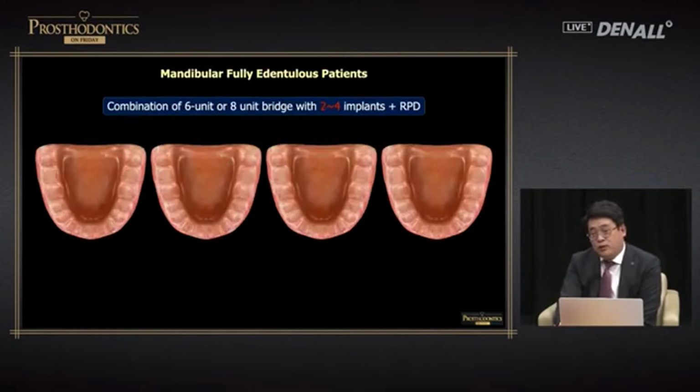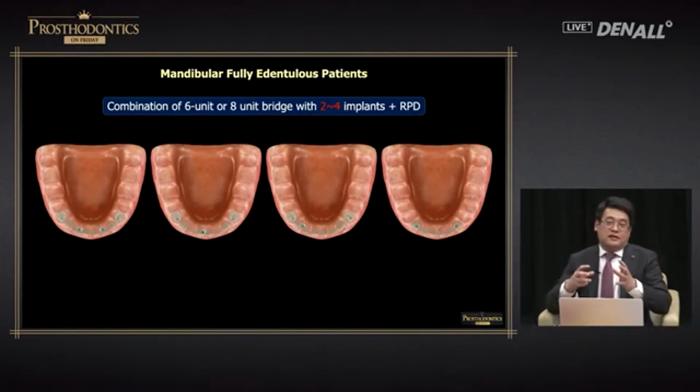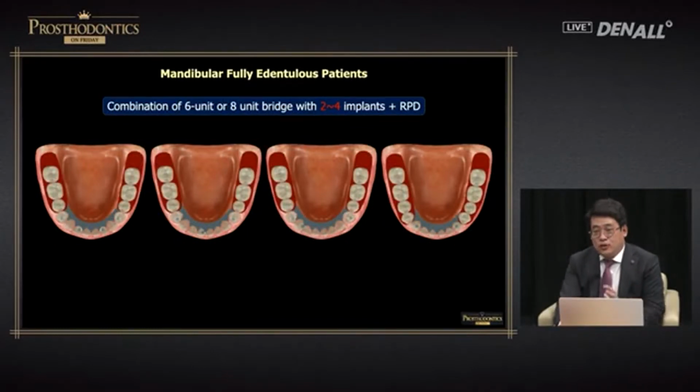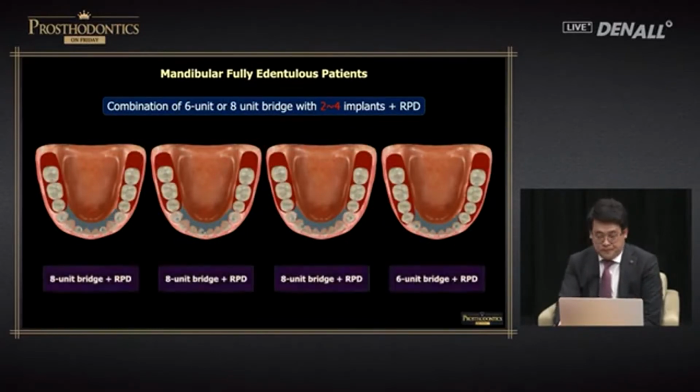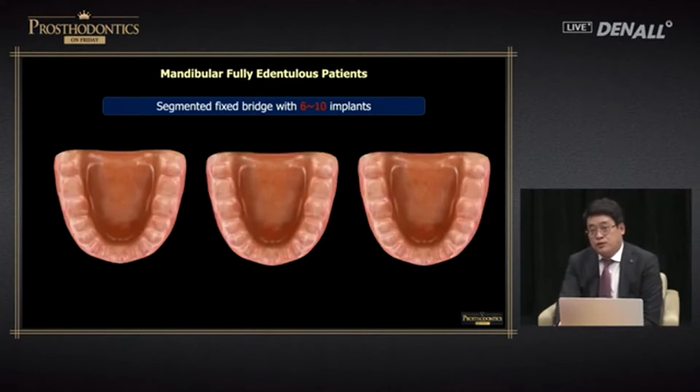In doing fixed prosthesis for the lower, before we go into it, we can provide this kind of design using a few implants to provide fixed prosthesis in the anterior with surveyed crowns, and in the posterior, you can provide an RPD. I've talked about multiple treatment options. In order to provide fixed implant prosthesis in the lower, the minimum number of implants required is 6.